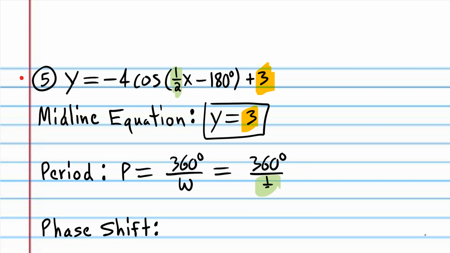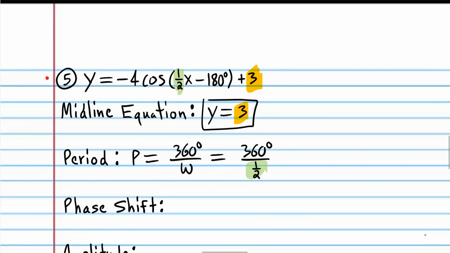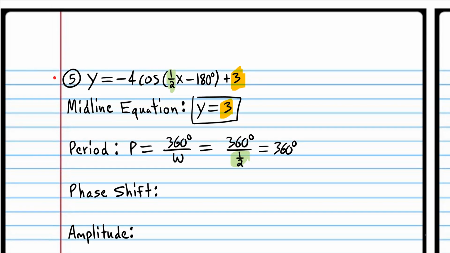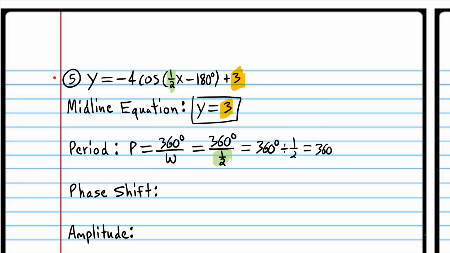So we get 1/2 in the denominator. And remember, when you have a complex fraction, you can treat the fraction line as a division operation. So we have 360 divided by 1/2, which is equal to 360 times 2/1, which is equal to 720 degrees.